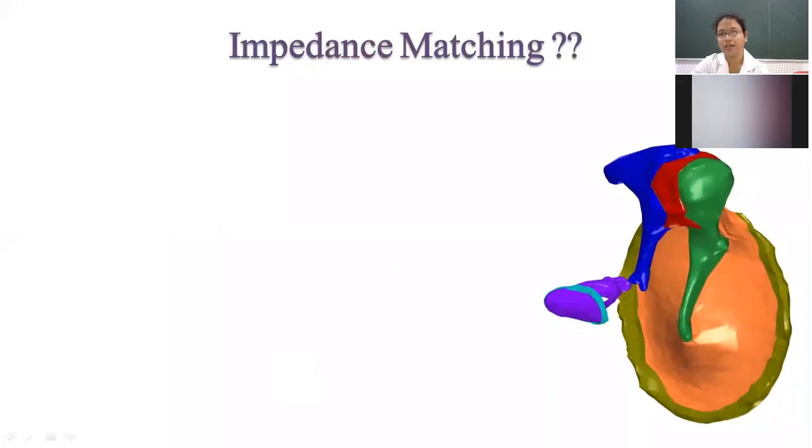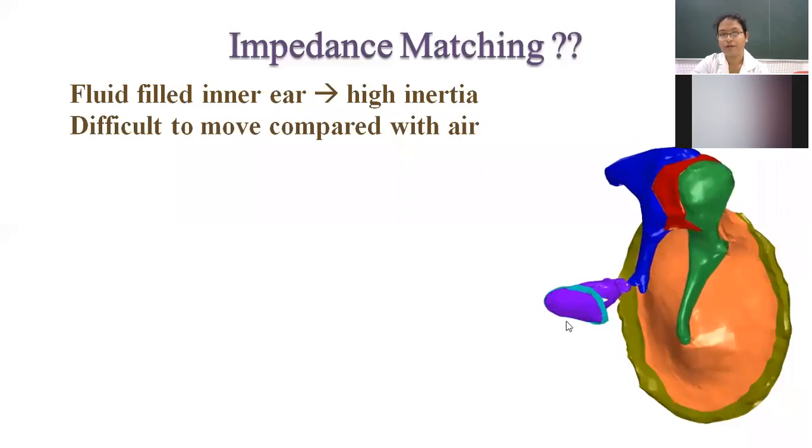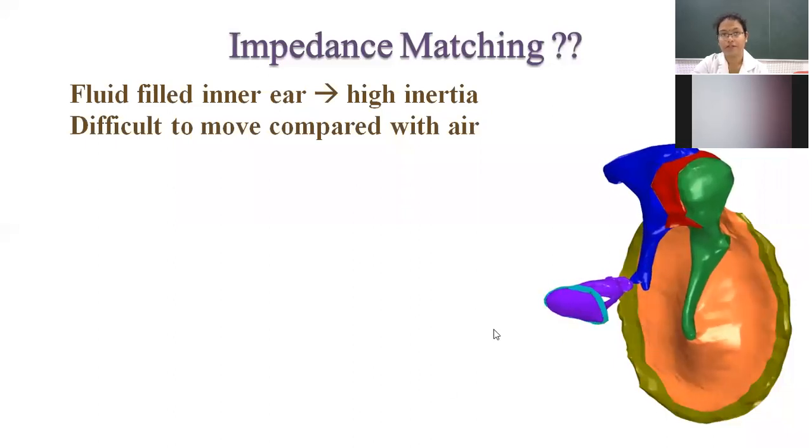As you see here, as the sound strikes, the ossicles move and the footplate also moves. Now, as the inner ear is filled with fluid, it has high inertia. So the same sound will require more force, more pressure, to move the fluid which is filled in the inner ear.